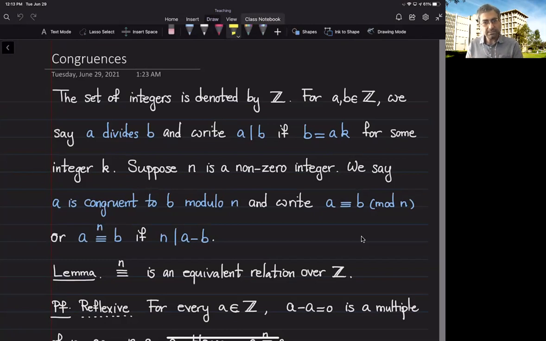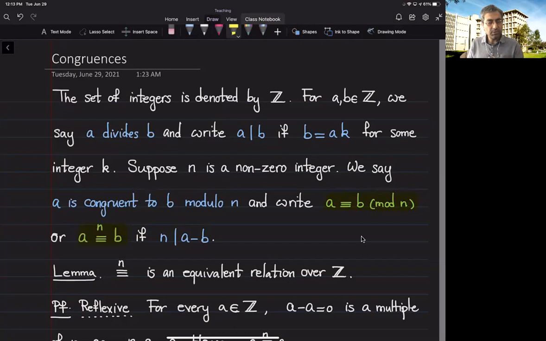Now, suppose n is a non-zero integer. Then we define this congruence relation. We say a is congruent to b modulo n, and we denote it by this notation over here, or we simply write it like this: a is congruent to b mod n.